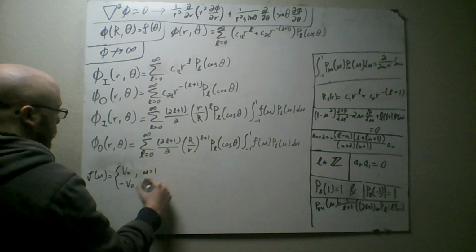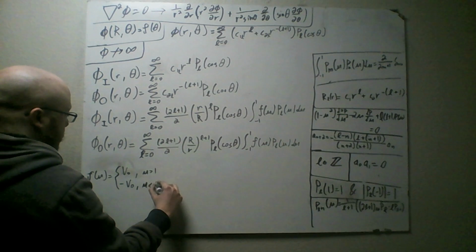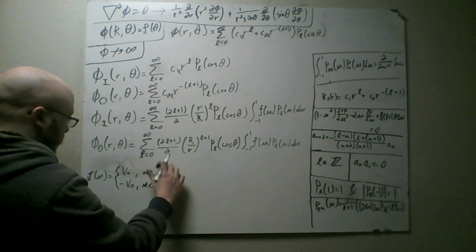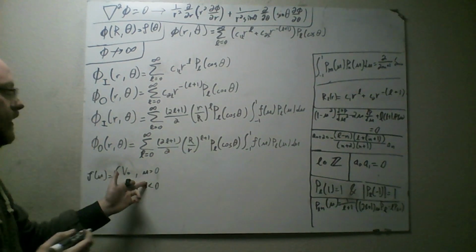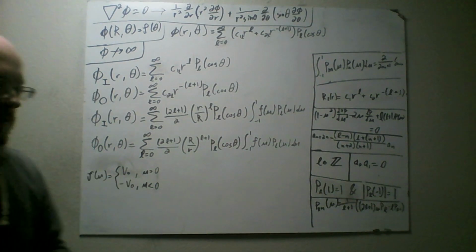For mu greater than 0, mu less than 0. I don't really care what happens at the boundary, so I could just leave it undefined.